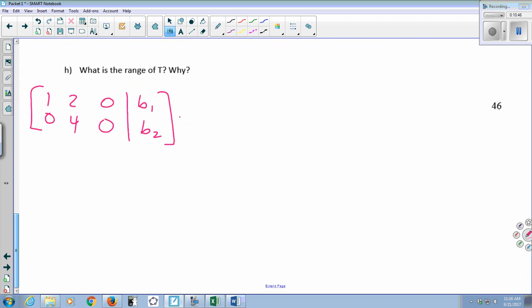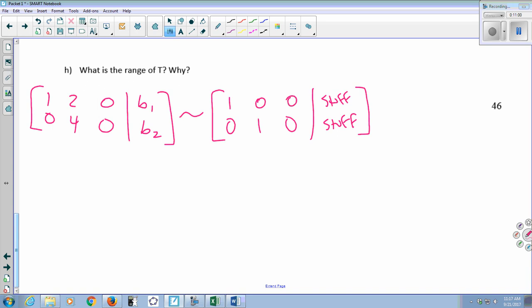So this is always going to row reduce to 1, 0, 0, 1, 0, 0, some stuff. It'll be related to b1 and b2, right? But the unaugmented part, just the coefficient part, is always going to row reduce to this. So no matter what the stuff is over here, this is never going to be inconsistent because you always have a pivot in each row.